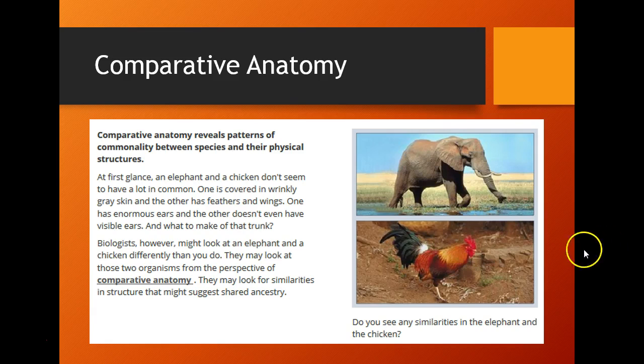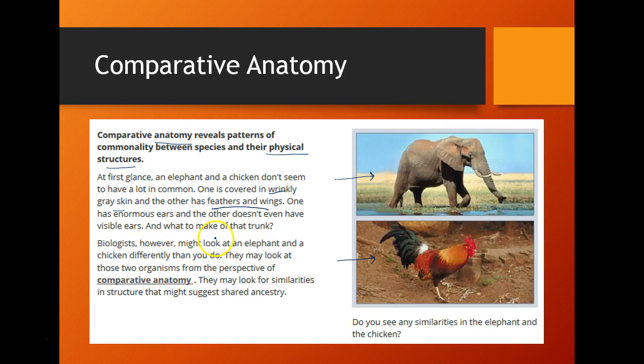So using comparative anatomy, again, we're looking at the similarities in physical structure. If you were to look at this elephant as well as this chicken, you probably would say that they don't have a common ancestor, because elephants have wrinkly gray skin, whereas chickens have feathers and wings.